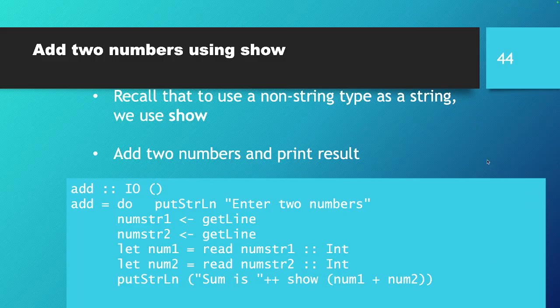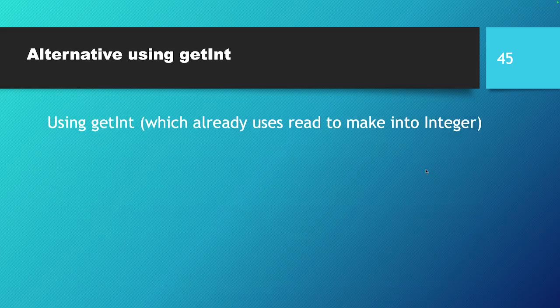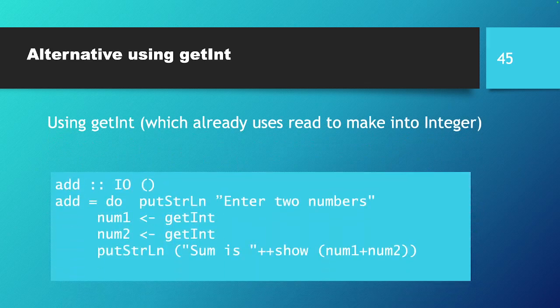The reason I'm saying that is you will have situations where you'll need to implement it. getInt uses read. So you can see, same idea here. You're saying the sum is show that. So getInt already uses read to make it into an integer.